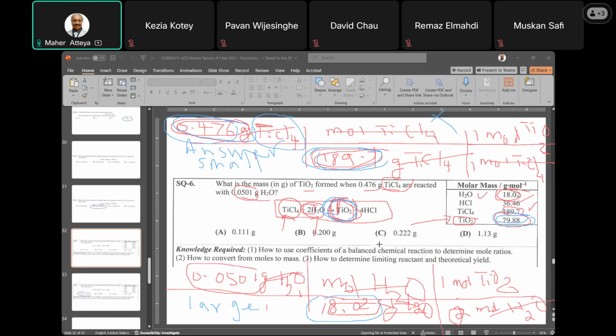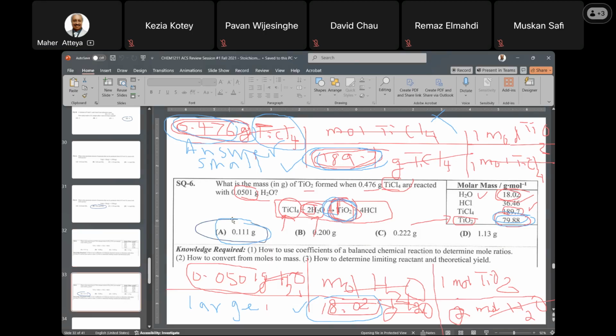If you don't have the answer, I can calculate. This is the limiting, and this is the excess. According to what I see here, the answer is A. You can verify if the answer is A.